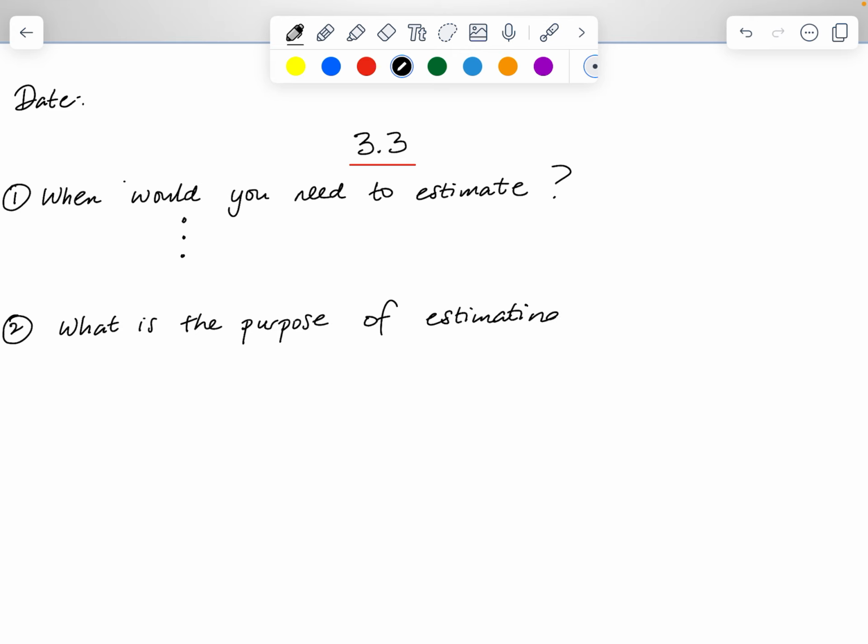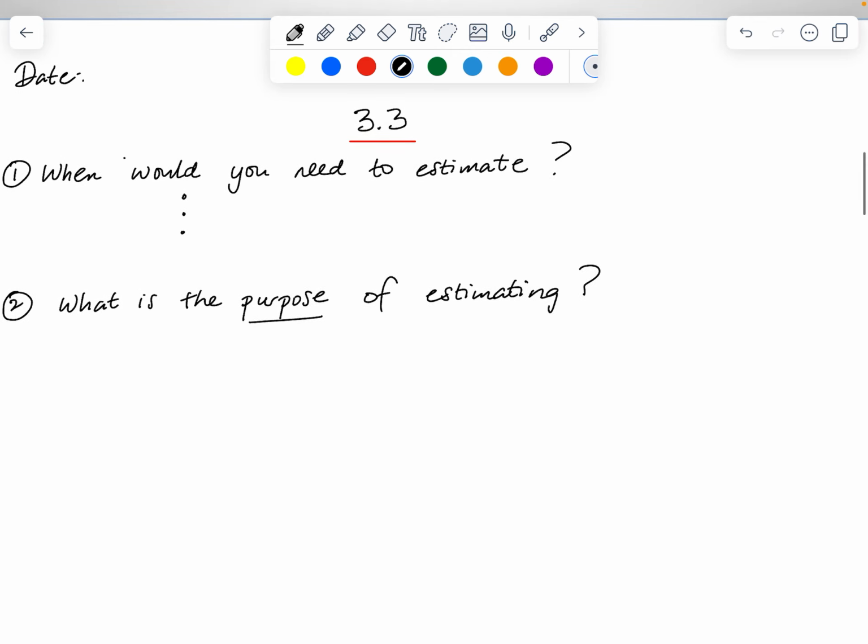So again, what is the purpose of estimating? Why do we do it? Well, in math and also in real life, it helps you check if your answer makes sense.